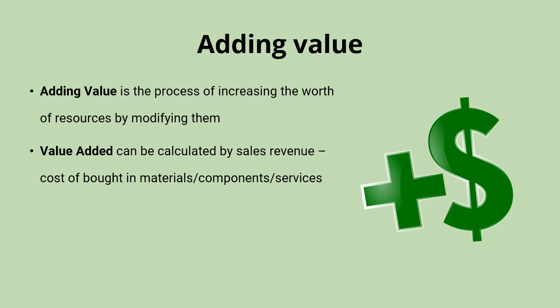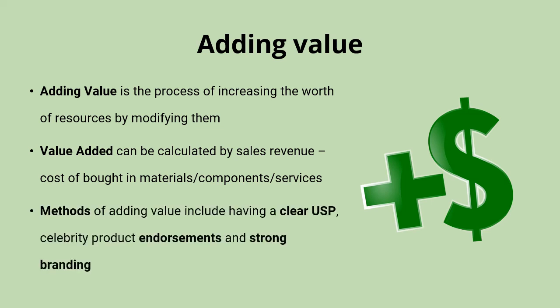And to do that, they'll generally use one of the two strategies for gaining a competitive advantage. They'll go low cost to try and squeeze the cost of those raw materials, or they'll look at some of those differentiation strategies, creating a unique selling point, using strong branding, or even celebrity product endorsements can help to increase selling prices as well, which would mean more revenue from each sale and an increase in value added.